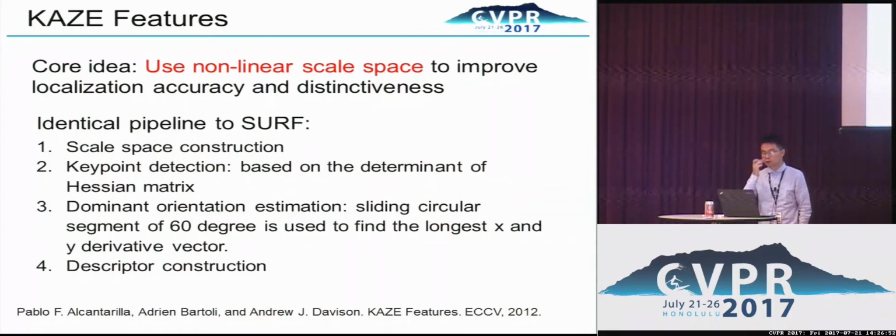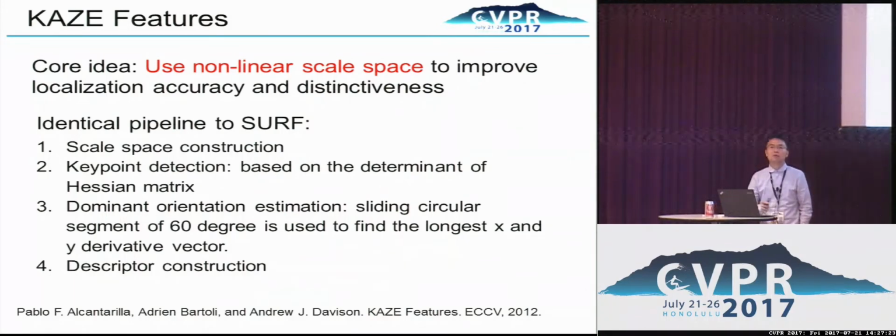Thus, it is expected to have a better localization accuracy. KAZE adopts an identical pipeline for feature detection and description to SURF, which has been introduced in the first part. The only difference lies in the construction of scale space. SURF adopts the Gaussian scale space, while KAZE uses a nonlinear scale space.